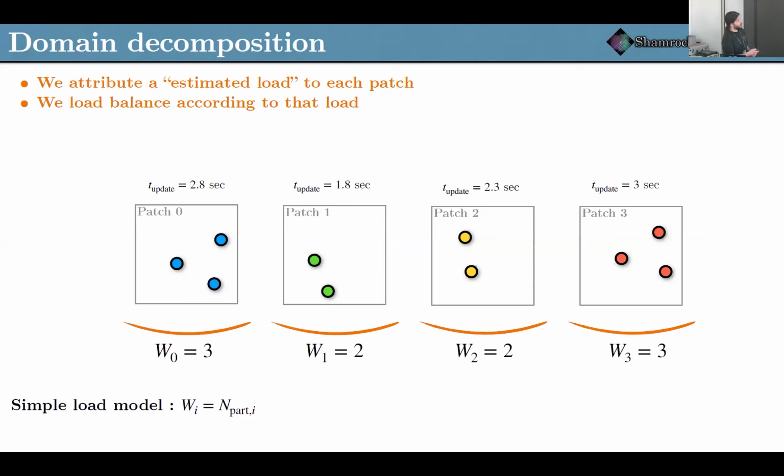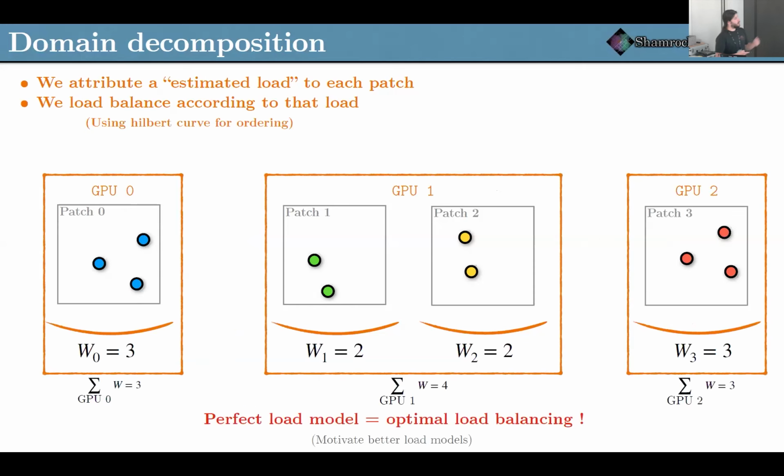What we do in Shamrock is that we have this quantity W, an estimated load, that in principle should be proportional to the time it takes to update a patch. And according to that load, we can do the load balancing in such a way that the sum of the load is the same on every GPU. So this means that if you have a perfect load model here, and you have enough patches, in principle, your load balancing should be optimal.